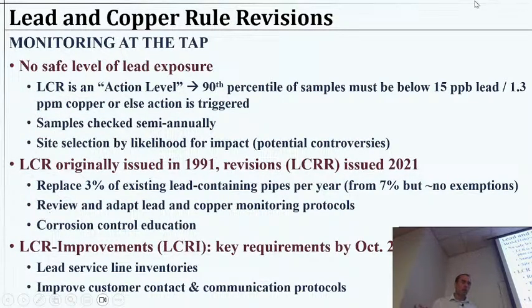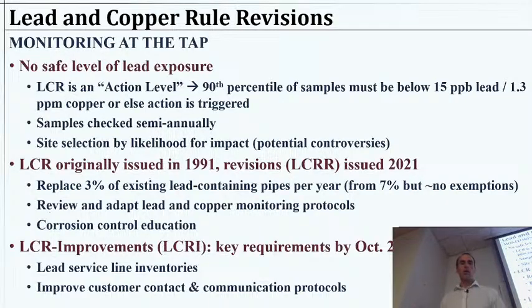Okay, a little bit about the lead and copper rule. Essentially, this is for monitoring at the tap. Ideally, the theory is it will catch and prevent such things as this Flint lead water crisis. Overall, we decided as a society that, health-wise, there is no safe level of exposure to lead in your body.